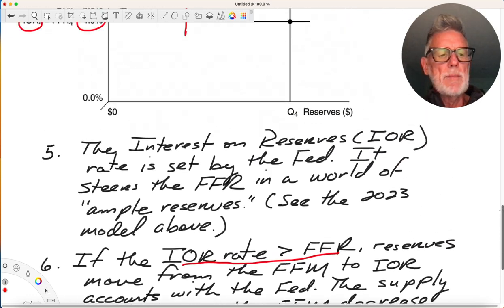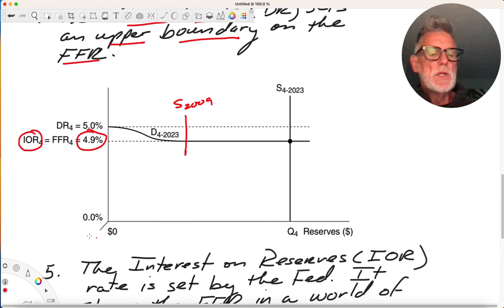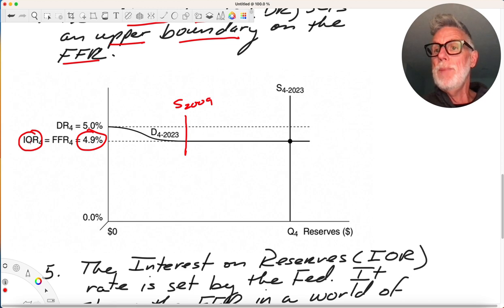Let me actually explain this on the picture up here. What the Fed began to do is, first of all, it began to pay interest on any reserves that were being held with the Fed. So the Fed began to raise this interest on reserves rate above the federal funds rate, which was at zero. As it did that, funds began to move out of the federal funds market into these accounts because the IOR was higher than the federal funds rate, and banks are seeking the highest interest rate they can get on their reserves.